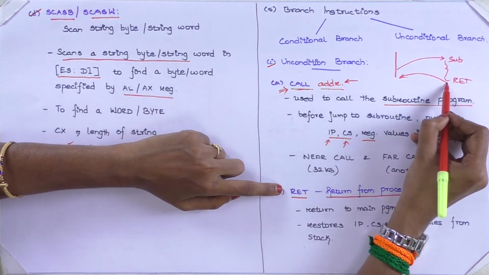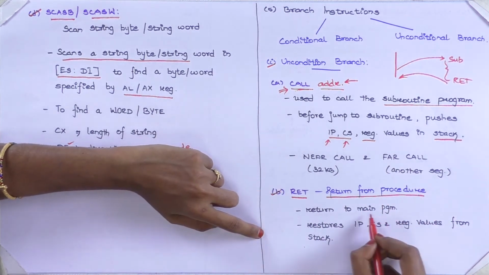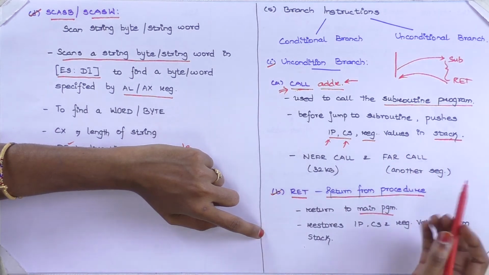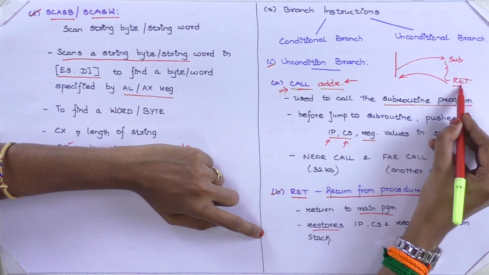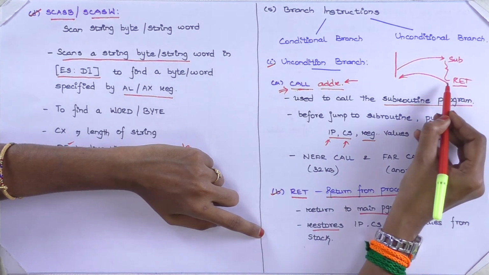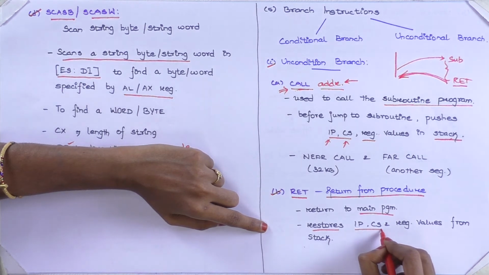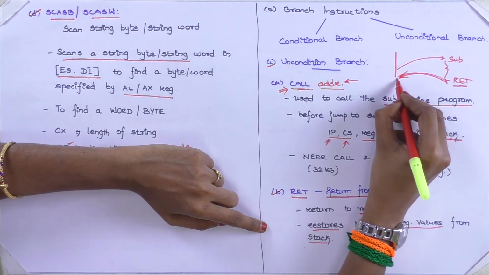When you want to jump from the subroutine to the main program, return can be used. Once it returns to the main program, the status that we have stored in the stack should be retrieved, should be restored. So once the processor gets to this return instruction, before it jumps to the main program, it will retrieve all the values, IP, CS and register values stored in the stack. So once it has been retrieved, it will return to the main program.